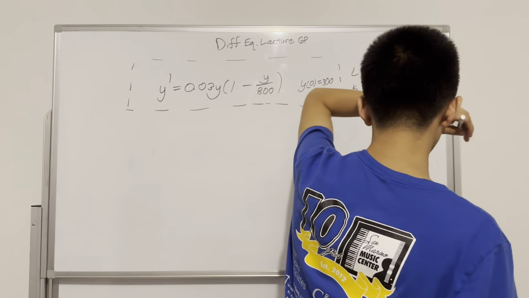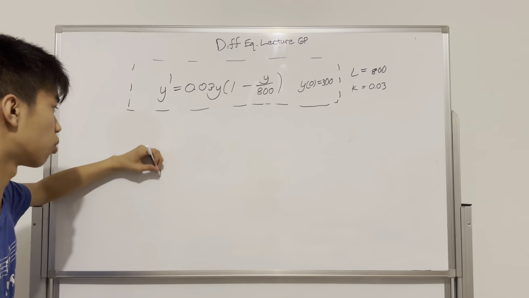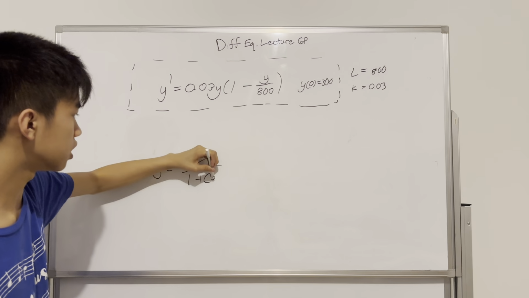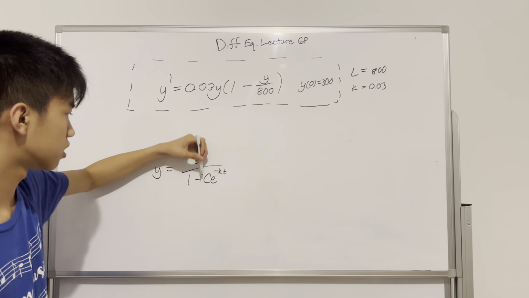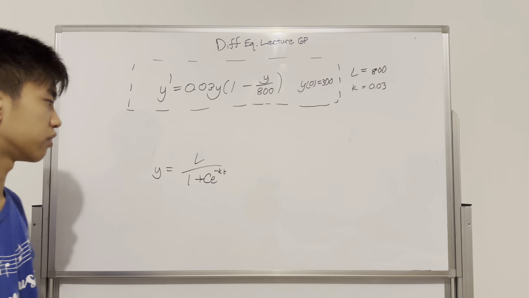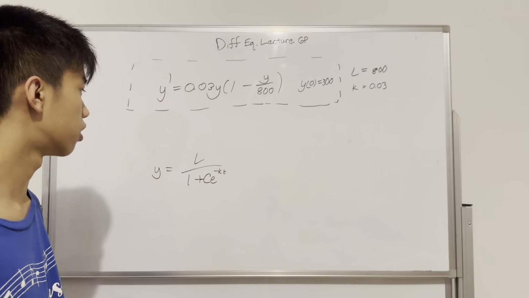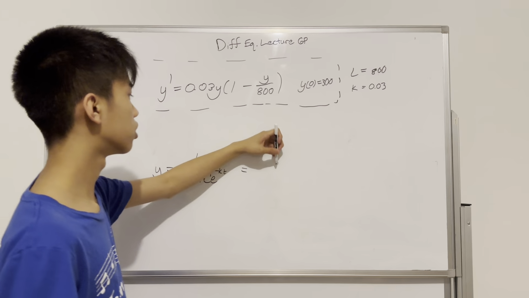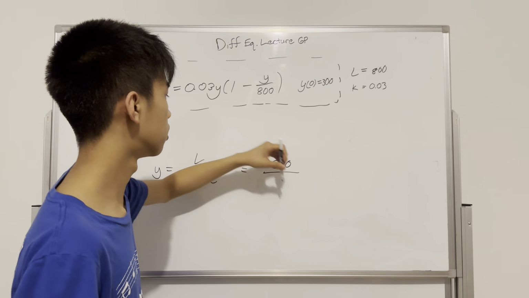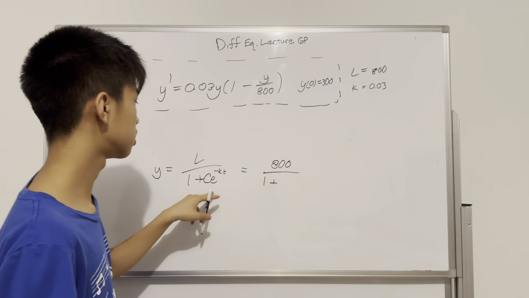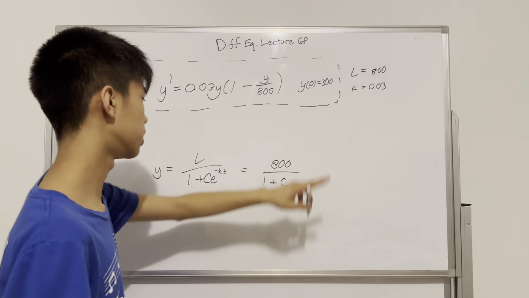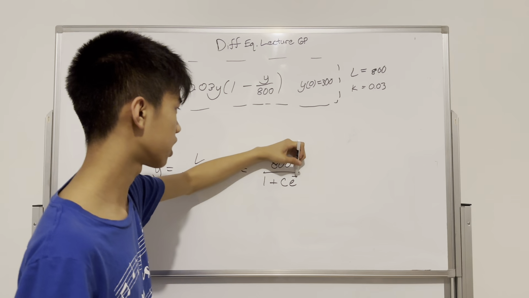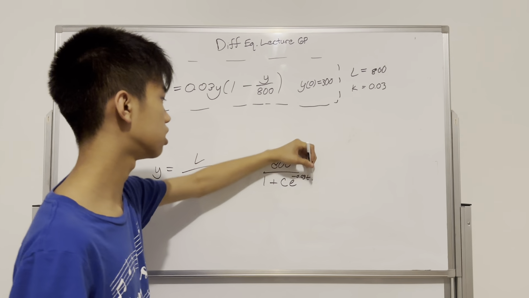So we know that the formula is y equals L over 1 plus c e to the negative kt. And again, I'm not going to bother deriving this formula because it's going to take forever, as you saw already. So the carrying capacity we already know, 800 over 1 plus c, which we can figure out from the initial conditions, e to the negative k, so negative 0.03t.